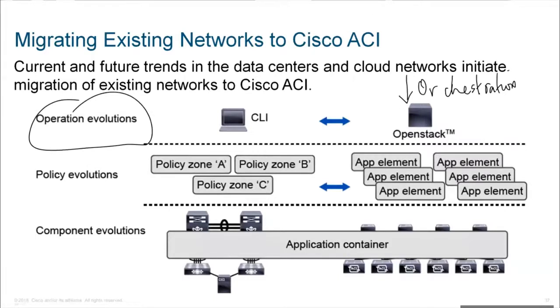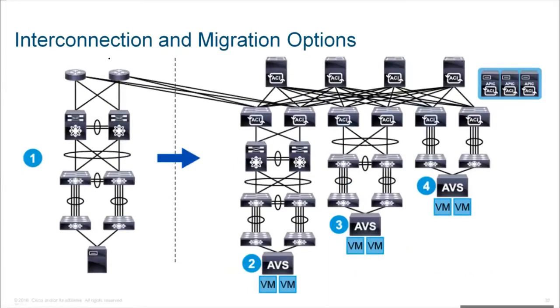It could be because we want stricter policies on who can communicate. It could be because we are moving towards container-based application environments. Any of these reasons, you might have to migrate to Cisco ACI.